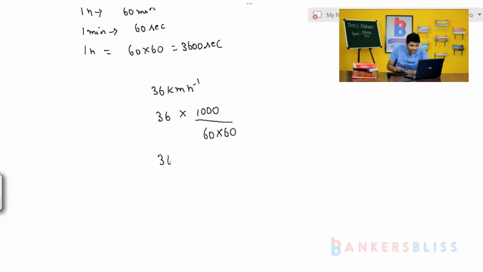So, 36 into 1000 by 3600, that is equal to 36 into 10 by 36. 2 5s are 10, 2 18s are 36. So, 36 into 5 by 18.